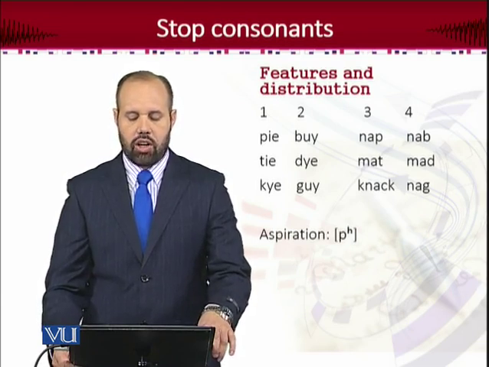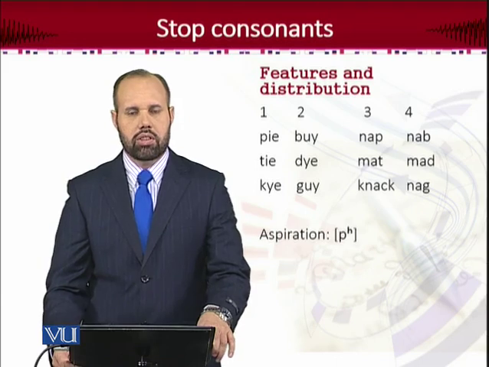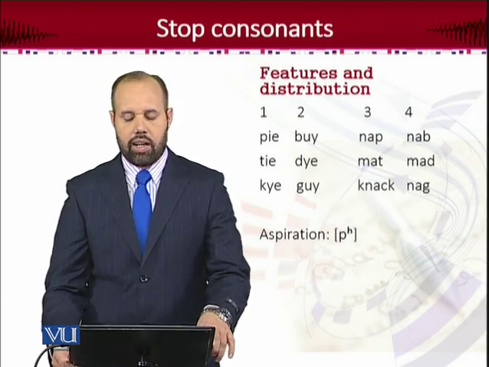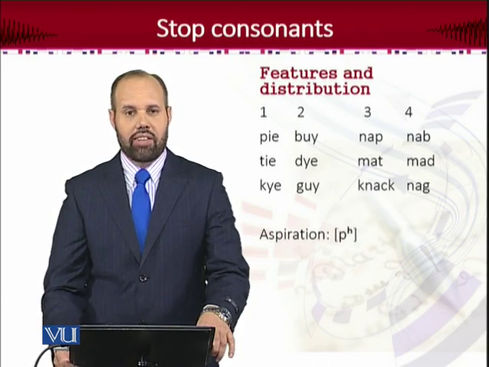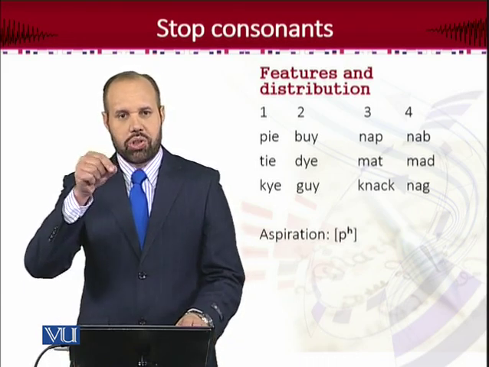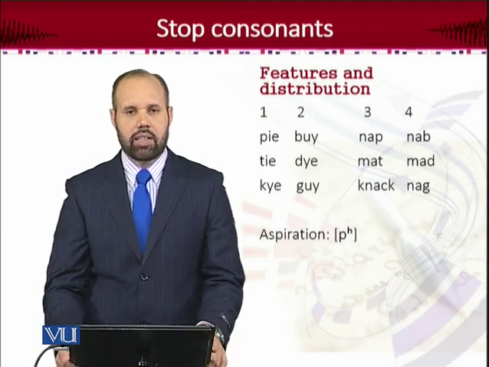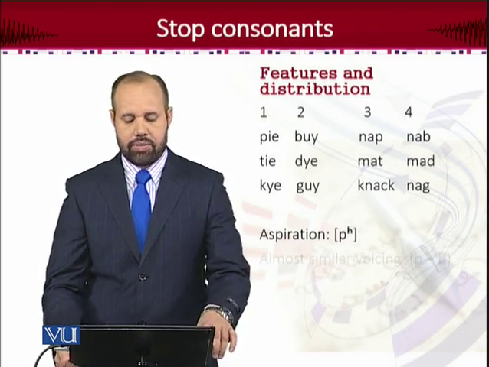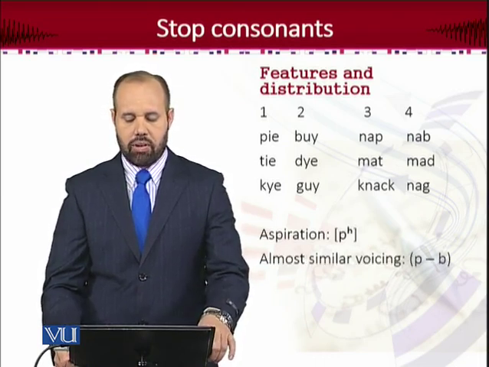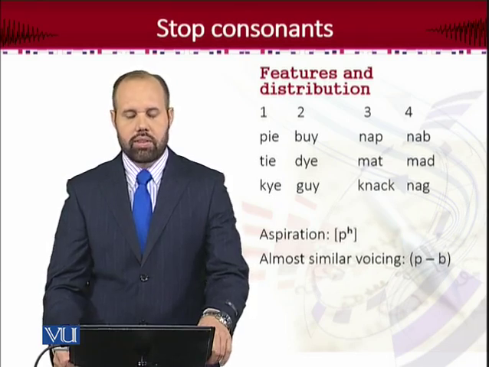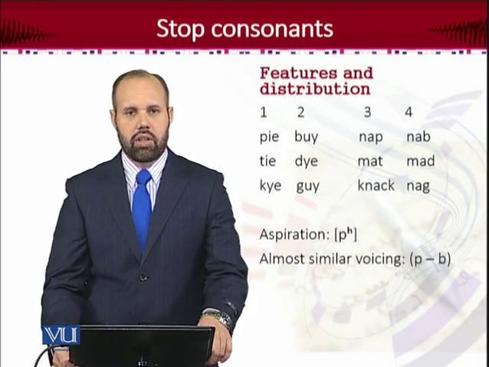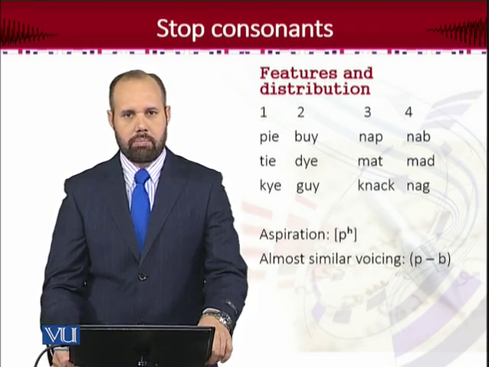In the first column, the voiceless stops which are given are aspirated, and for aspiration, the small h symbol is given. So p, t, k aspirate in the beginning of a syllable. And then we can also explain from this column that the voiced sounds, the initial sounds given in column 2, are only very slightly voiced.